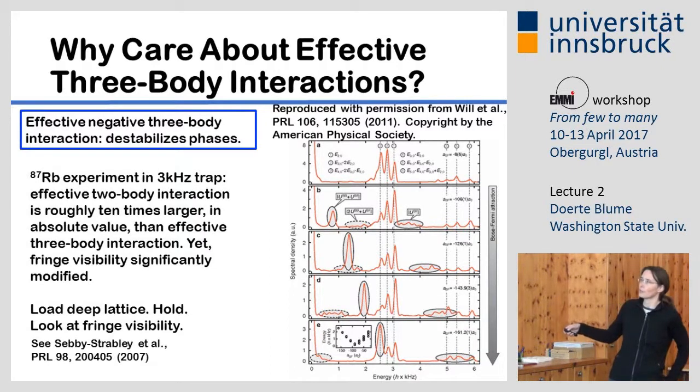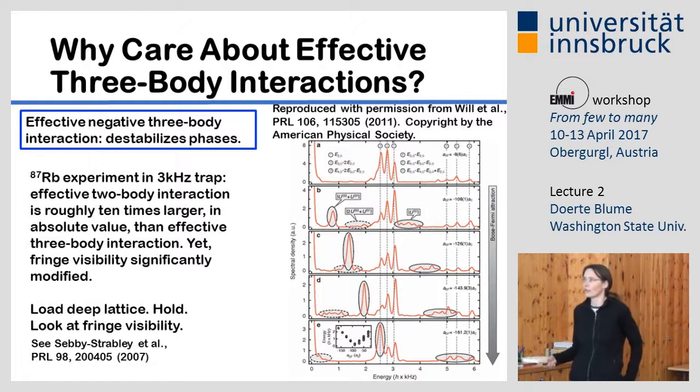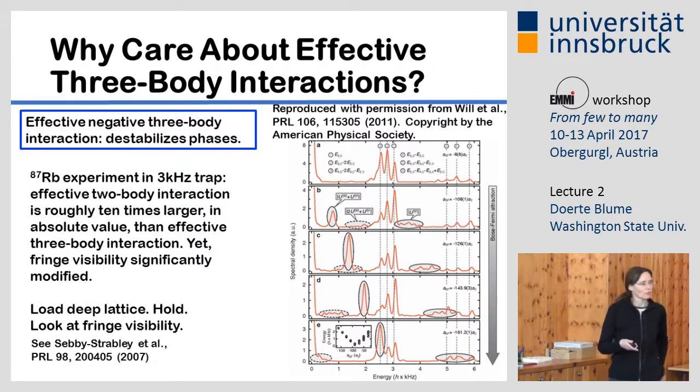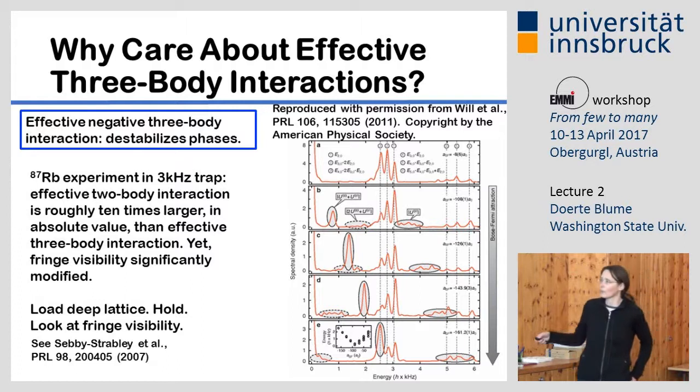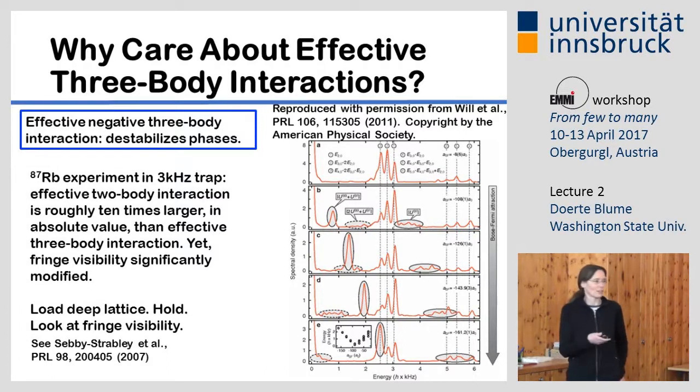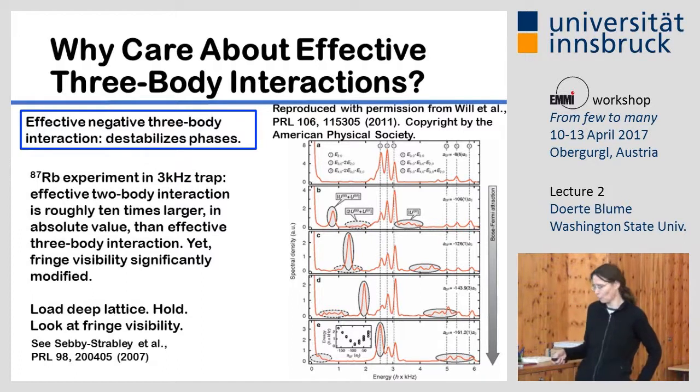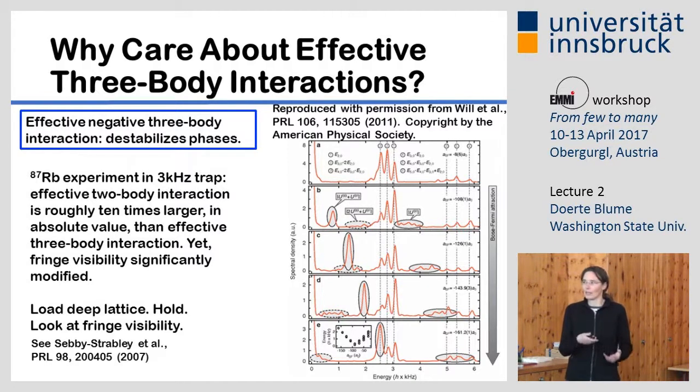So say we take a rubidium-87 system in a trap, 3 kilohertz roughly. What one finds is that the effective two-body interaction is about a factor of 10 larger than the effective three-body interaction in magnitude. So you might say a factor of 10, that should be enough. So the effective three-body interactions should not matter. However, if you look at the fringe visibility, then you see that there's a significant impact.